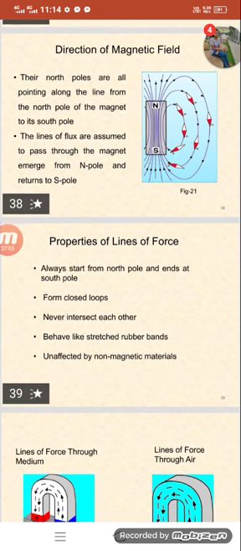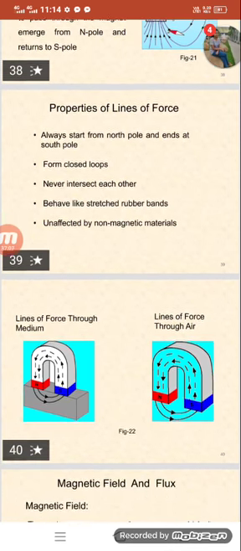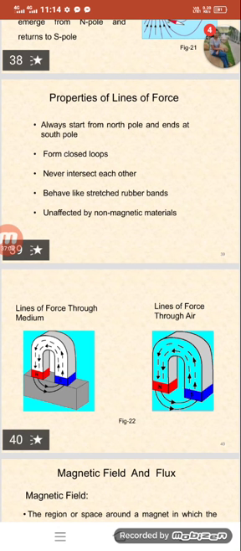Okay, and after that we are going to discuss lines of force through the medium, lines of force through the air. Suppose we are using a medium, in that case the magnetic lines travel through the medium from the north pole to the south pole.